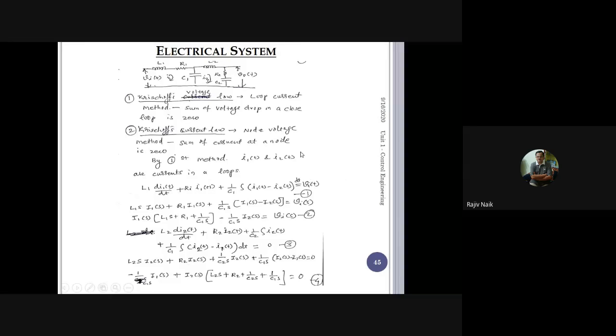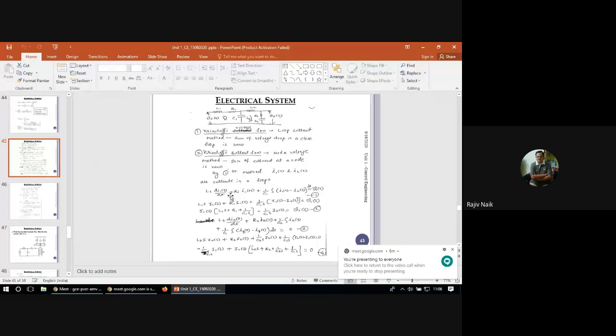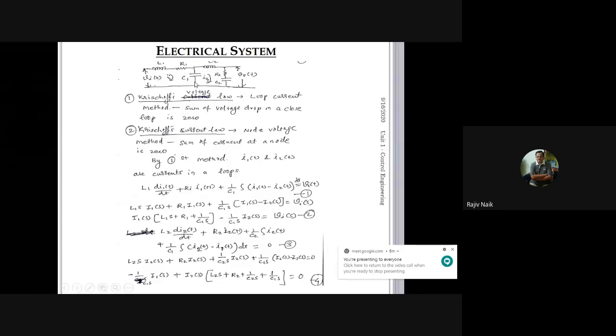Now let us take the first method, that is, Kirchhoff's voltage law and the loop current method. This is the first loop. In the first loop, the voltage drop across this inductance plus the voltage drop across this resistance and the voltage drop across this capacitance plus the supply voltage is 0, or Vi is equal to the remaining terms.